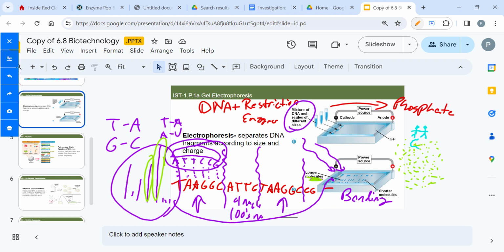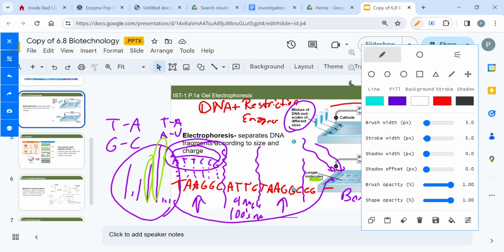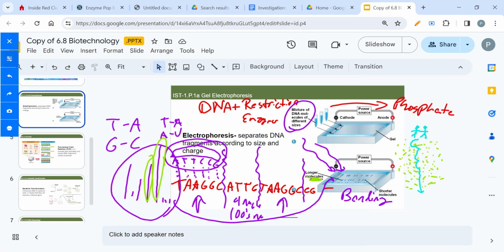It's relatively easy for you and your friend to travel quickly to the other side. As opposed to a bigger group of friends, let's say 10 folks, so use your imagination, 10 individuals right here.